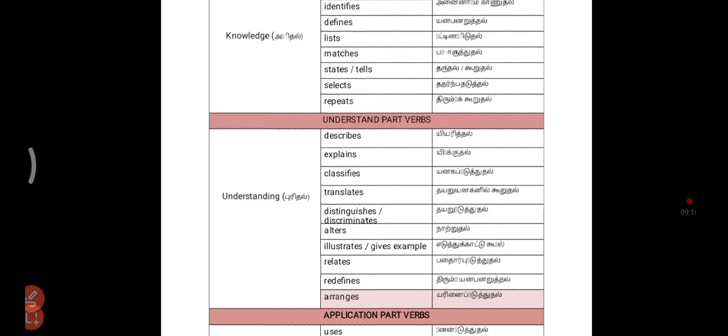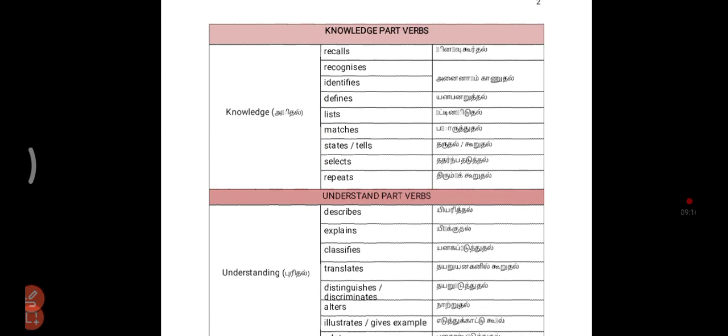Knowledge means previous knowledge, current knowledge, and subject knowledge. These are the verbs used for knowledge.